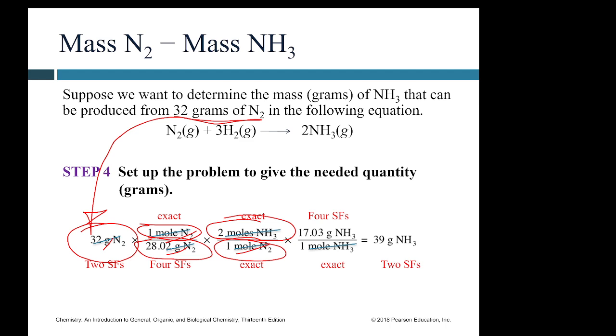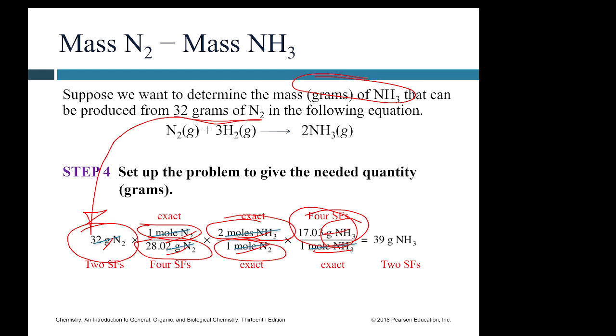Okay? All right, so the next thing I need to do is, I did not want moles of NH3 at the end of this problem, do I? I want grams. So I'm going to take that molar mass of NH3. Grams are going to be on top because that's what I want to end up in. And moles are going to be on bottom. Moles of NH3 is going to cancel, going into grams of NH3.